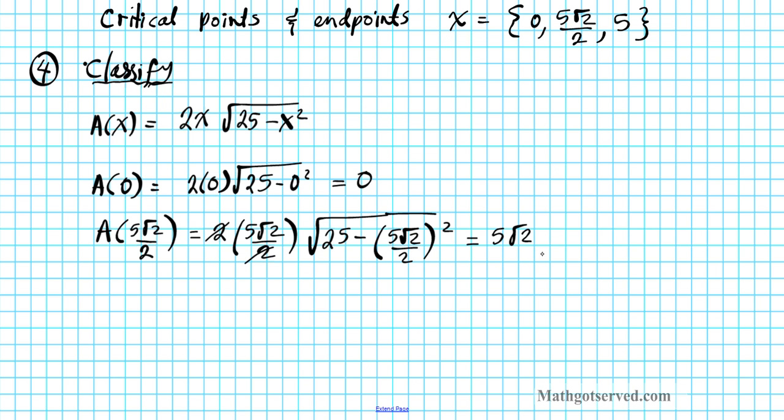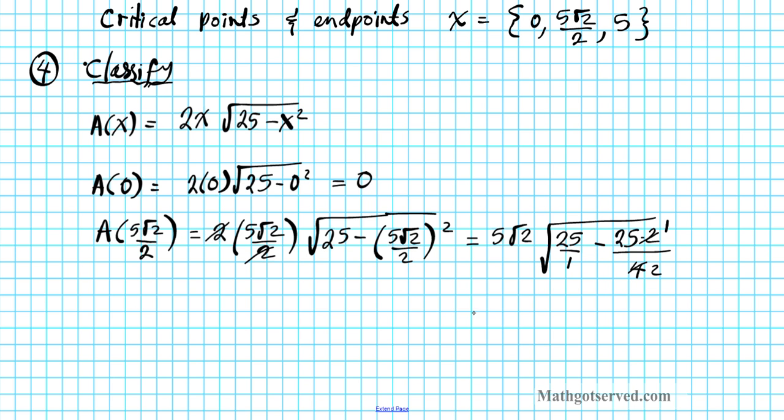And then in our radical, we have 25 over 1. If you square 5, of course, you get 25. If you square root 2, you get 2. And if you square 2 at the bottom, you get 4. Okay? And then if you simplify that, it goes here 1, it goes here 2.